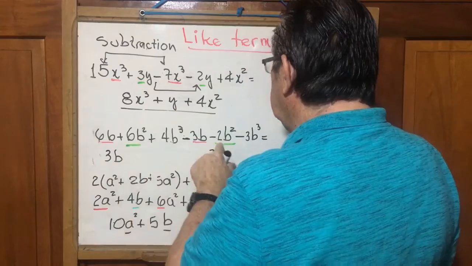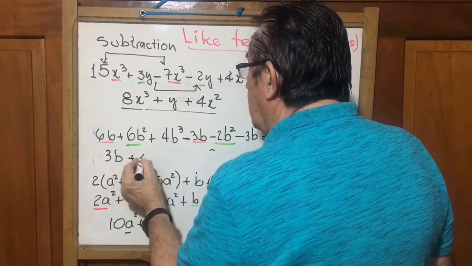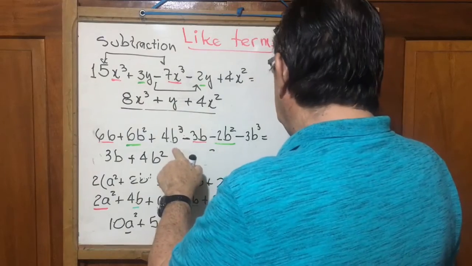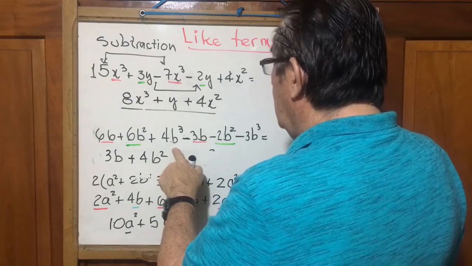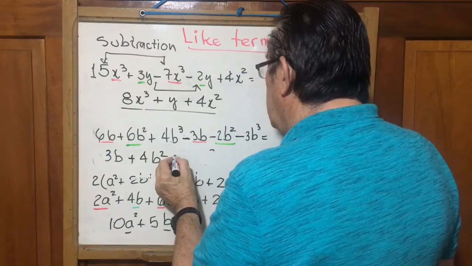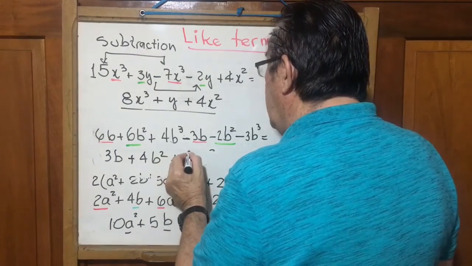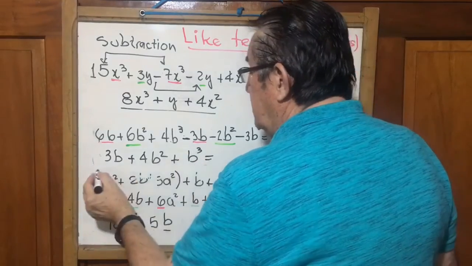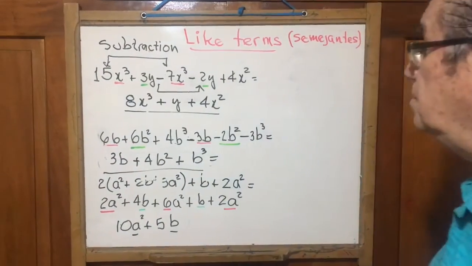Positive 6 minus 2 is going to be 4b to the square. And these, 4 minus 3 is going to be 1, plus 1, and I don't write the 1. So that's the way I add it. Okay, very simple.